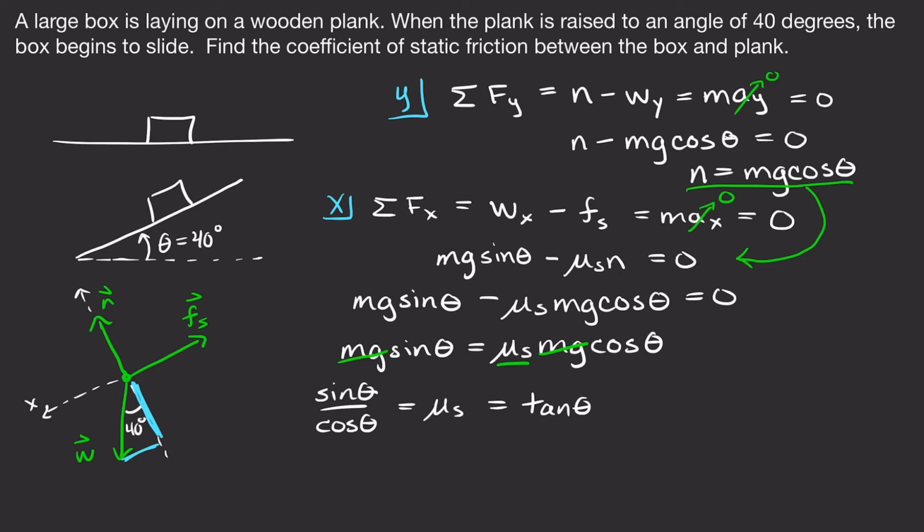And since we know the angle of our plank, we can just plug in tangent of 40 degrees, and that will give us a coefficient of static friction of 0.84. So kind of a high number, but reasonable for static friction.